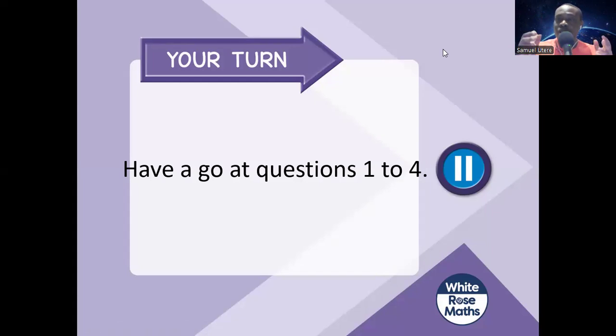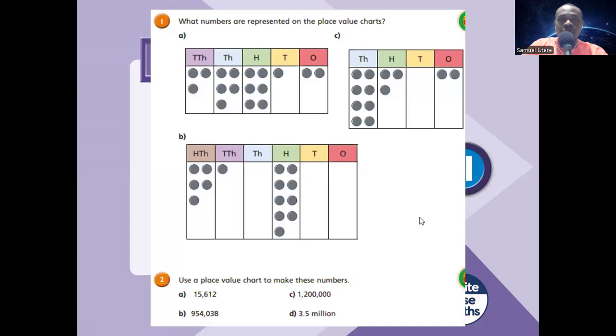Well, if million is 6 digits after a number, then billion should be 9 digits after a number. So remember, we're talking about recognizing the place value of numbers up to 1 billion. Pause the video and have a go at questions 1 and 2 in 4 minutes.